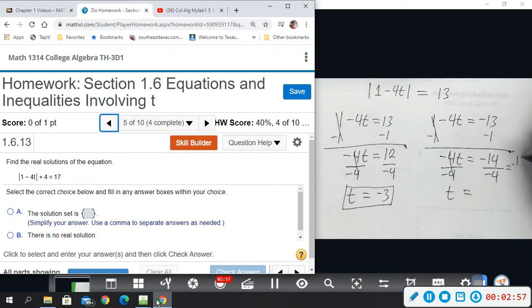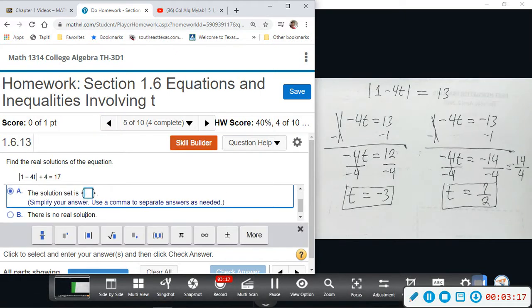So that will be positive 14 over 4, and then you can divide both of these by 2 and reduce it, so we get 7 divided by 2. 14 divided by 2 is 7, 4 divided by 2 is 2. So we get 7/2. So these are our two solutions.